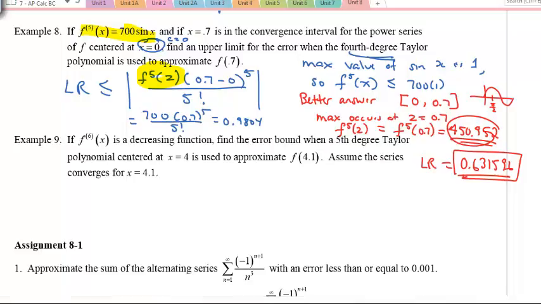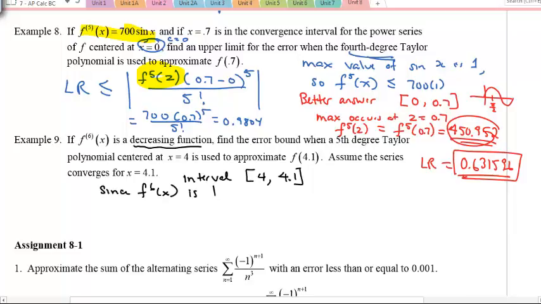Ooh, decreasing function this time. Where does the max occur on a decreasing function? So once again, our interval in question is between 4 and 4.1. I would say that since the sixth derivative is decreasing, the max occurs when z equals, not the right endpoint, but the left endpoint.